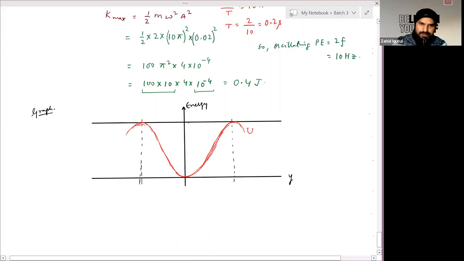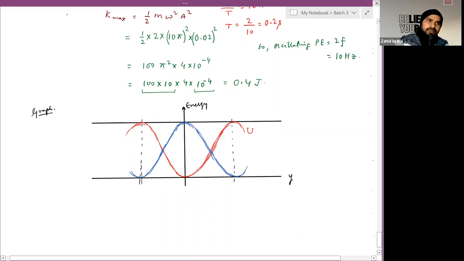Next is kinetic energy, which is maximum at mean position and minimum at extreme position. So it will be like this.